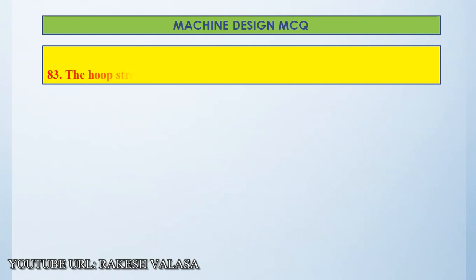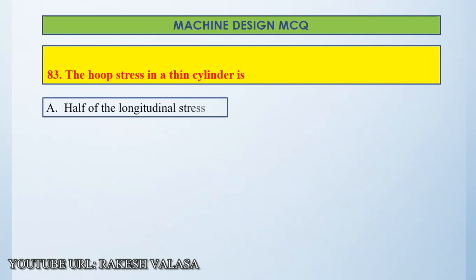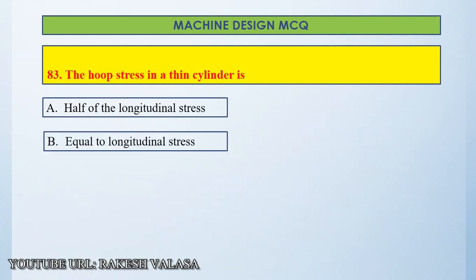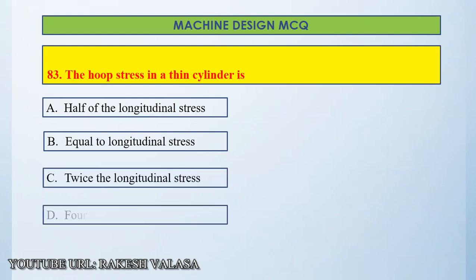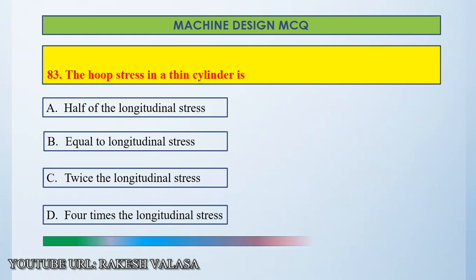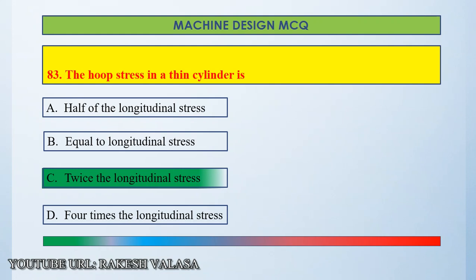Question number 83. The hoop stress in a thin cylinder is option A half of the longitudinal stress, option B equal to longitudinal stress, option C twice the longitudinal stress, option D 4 times the longitudinal stress. The correct answer is option C, twice the longitudinal stress. Let us see the explanation.